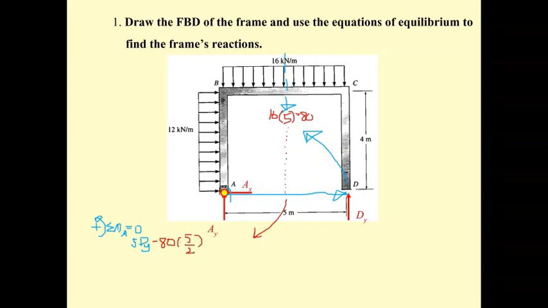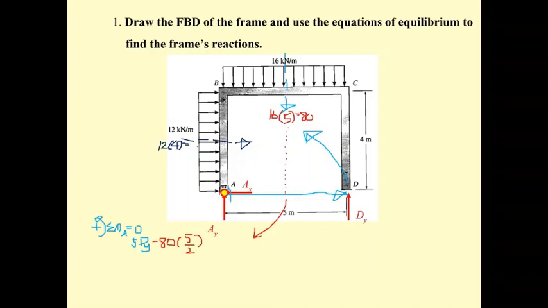Okay. Next, we come to another load that acts on the column. On this, it also has a resultant force here. This resultant force is going to be the area of the load, 12 times 4, which is 48.